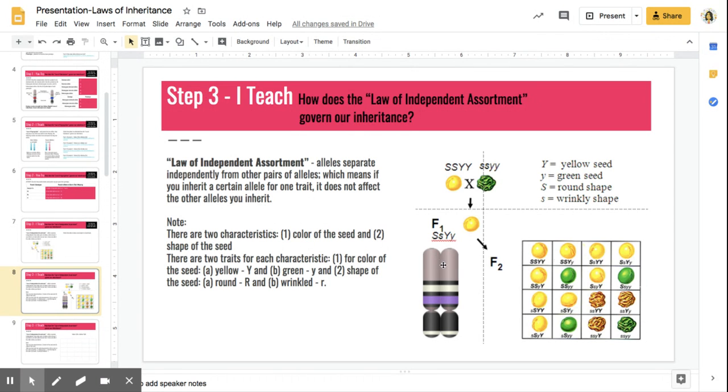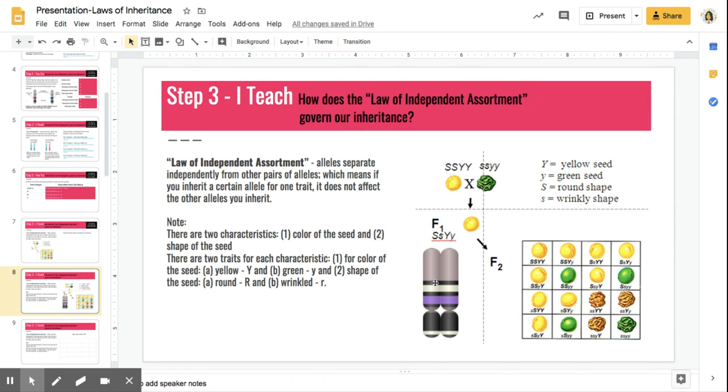So, let's take a look again at your chromosomes with two chromatids. If this locus is a locus for the character, which is the color of the flower, there are also other loci intended for other characteristics, like the color of the seeds and the shape of the seeds.